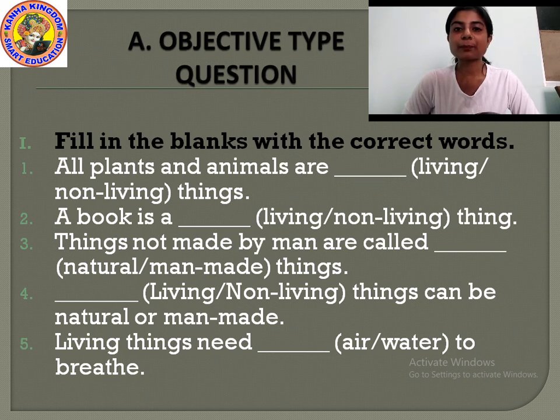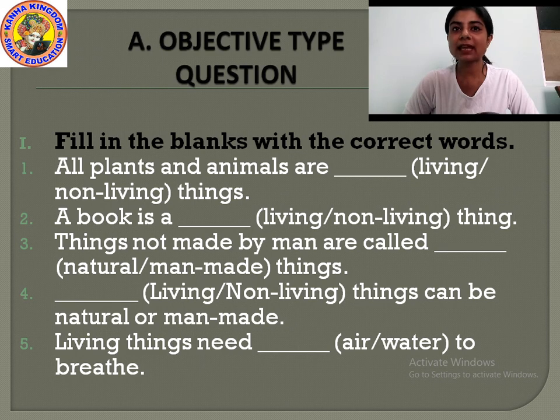I will repeat once again. All plants and animals are living things. A book is a non-living thing. Things made by man are called man-made things.